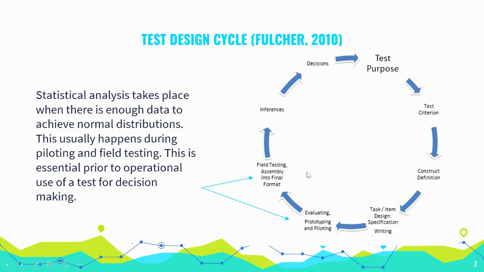Field testing and piloting takes place once we have a large enough group of items or tasks that we have designed for a test, and we want to find out how they work, including how difficult they are, whether or not they separate out the students across a scale, so that we know who are the better students and who are the weaker students on the construct of interest that the test is designed to assess.